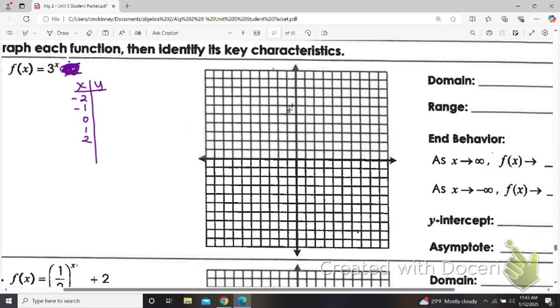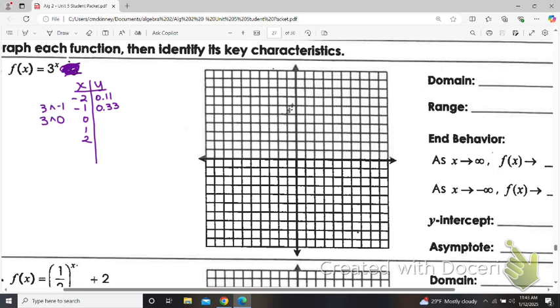So 3 to the -2 is 1/9 as a fraction, but most of you are going to use your calculator and see something like 0.11. 3 to the -1, 0.33. 3 to the 0 power, remember we're doing this or this.